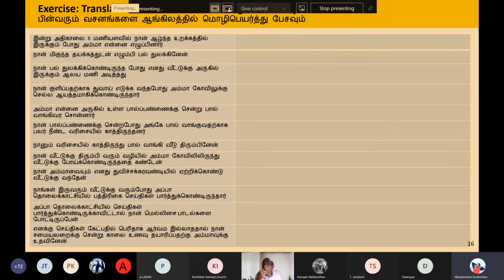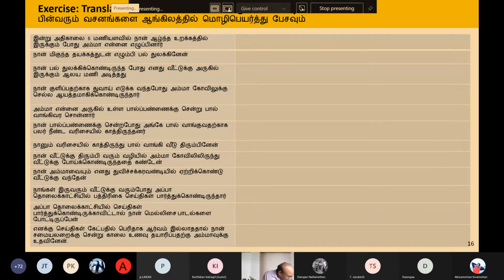People who are coming as guests can't send chat messages? Is that correct? Yes, sir. Okay. Doesn't matter. We'll move on and we'll see what we can do.